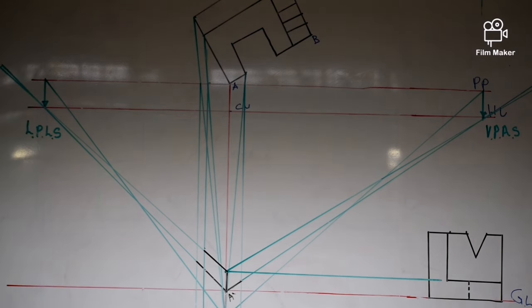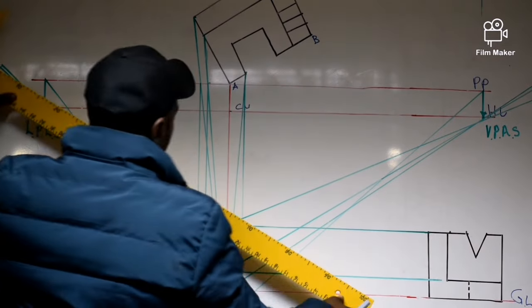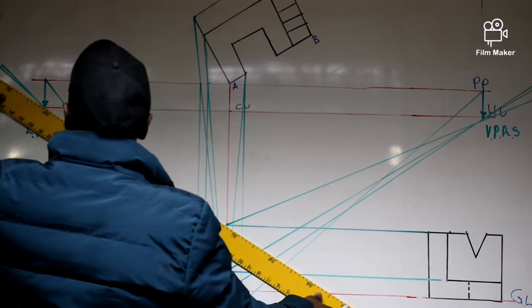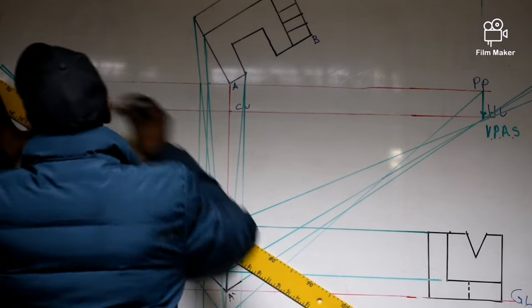Going to be this one. This one you take it horizontally. Once you touch the line of center of vision, stationary point, you take it to your vanishing point of your right hand side and vanishing point of your left hand side. So there you go.